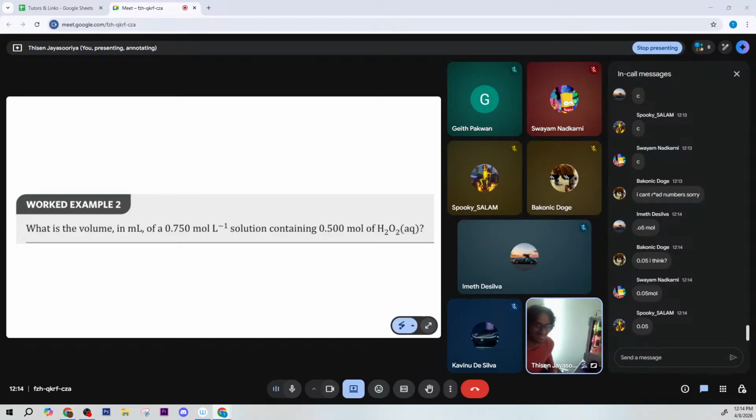Okay. Have a go at this one, guys. Again, there's nothing really new in this redox titration one. I almost got milliliters to liters wrong. So here, what is the volume in milliliters?